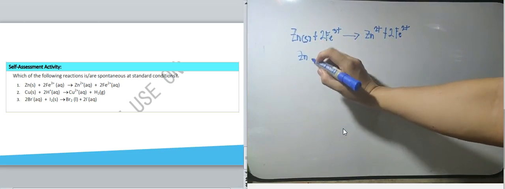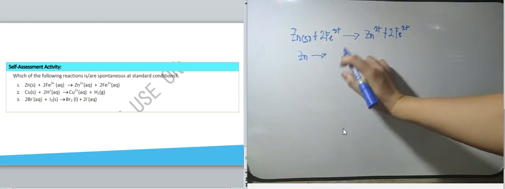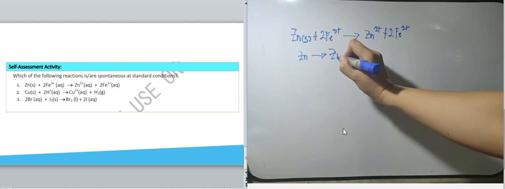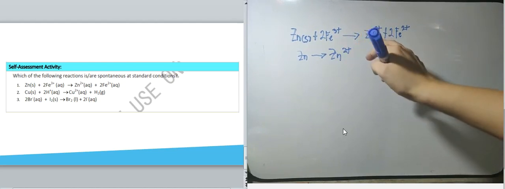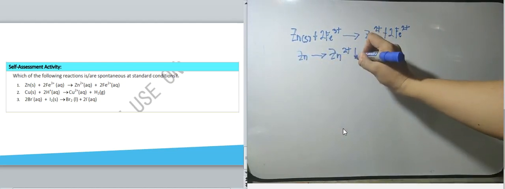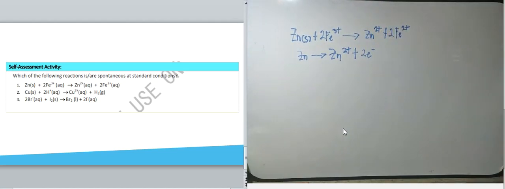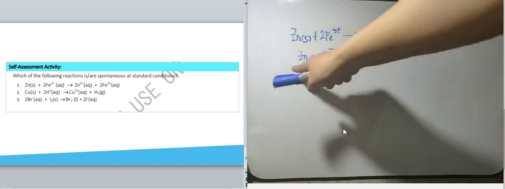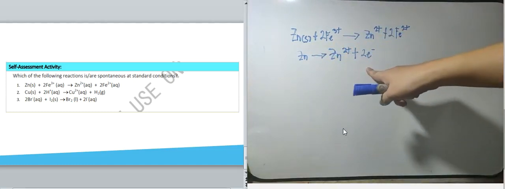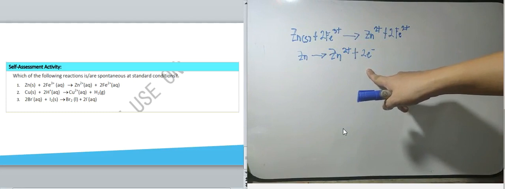Okay. We have here zinc will yield to zinc 2 plus. So for us to balance the charges, we need to add 2 electrons. And based from the table from our previous topic, the standard electrode potentials, standard reduction potentials, we observe that this is an oxidation reaction.